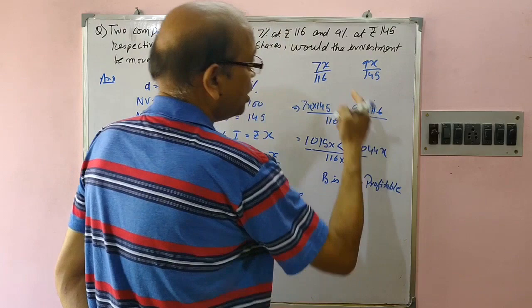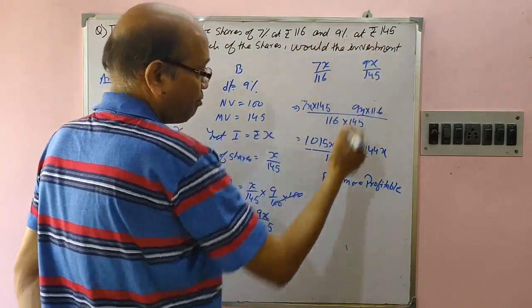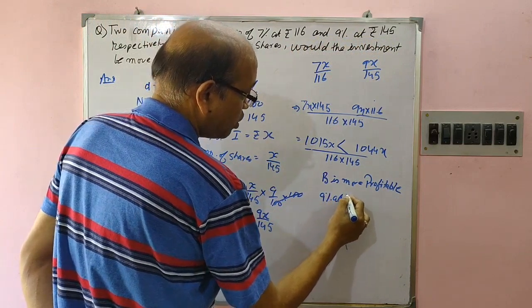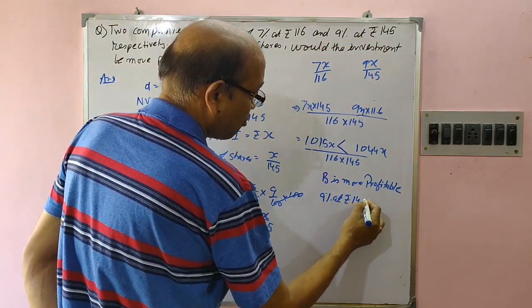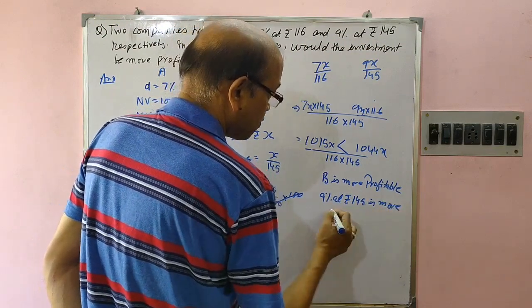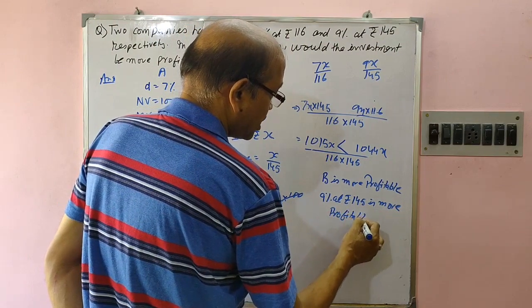Now what is B? B means 9% at rupees 145. 9% at rupees 145 is more profitable. This is the answer.